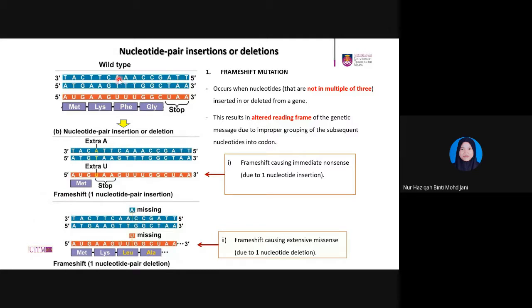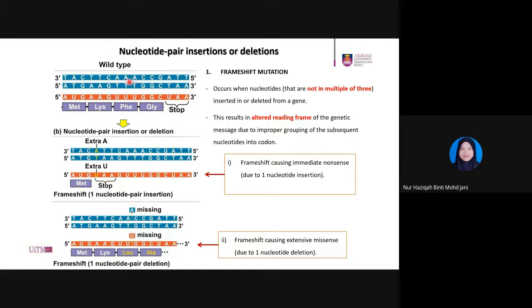Asalnya dia read A and code for the amino acid phenylalanine. Okay, the next one is CCG. It codes for glycine, for example. But if you delete A, so obviously it reads instead of AAA, dia akan read AAC. Dia bawa ke depan C ni, kan?